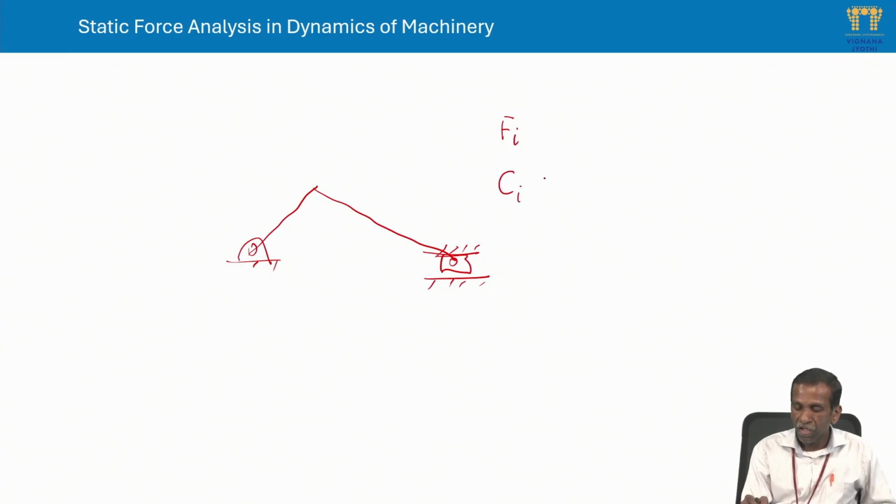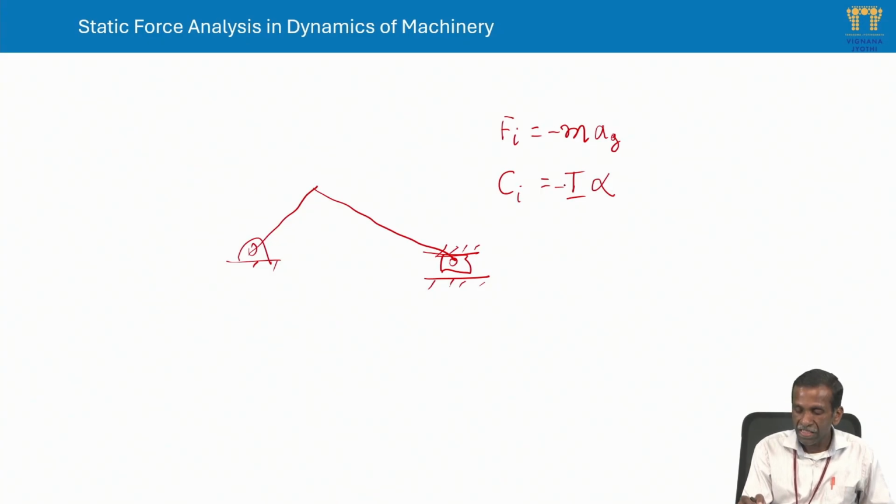The relation for inertia force is mass into the acceleration of that particular point, the mass center, G. Then the inertia couple you can find as the mass moment of inertia of that particular link into the angular acceleration of that link.